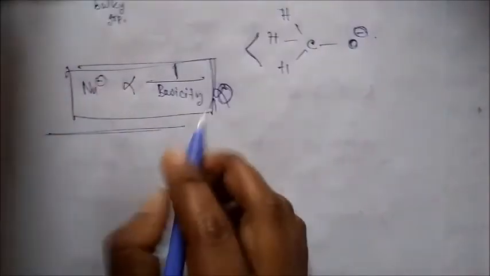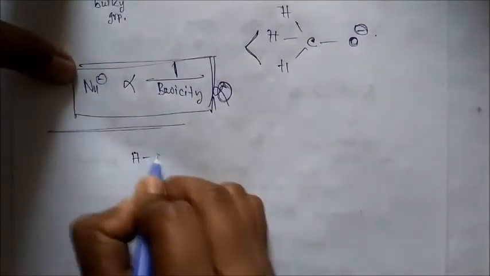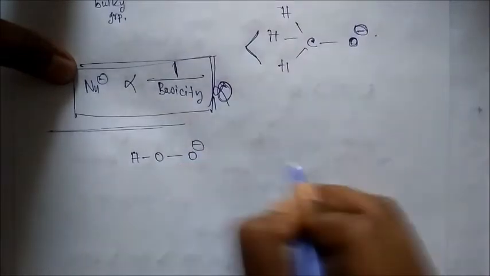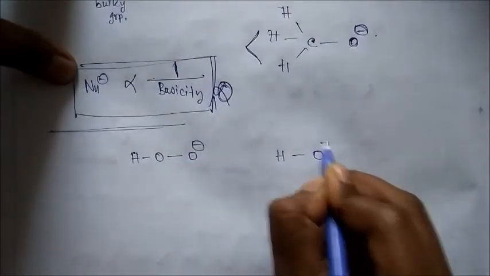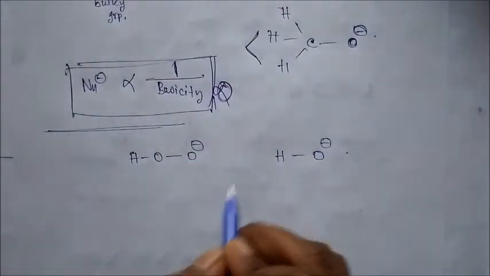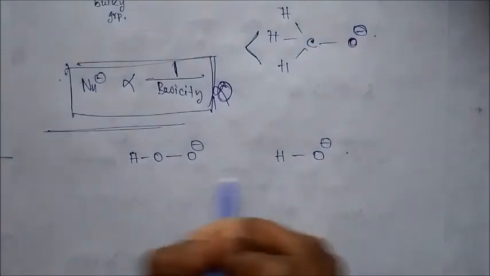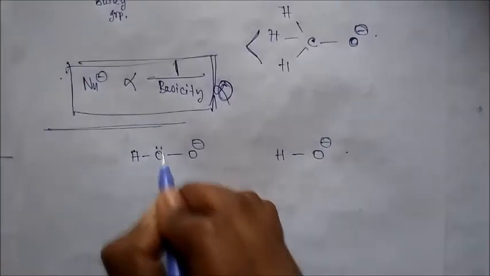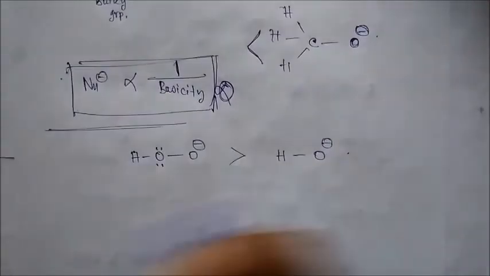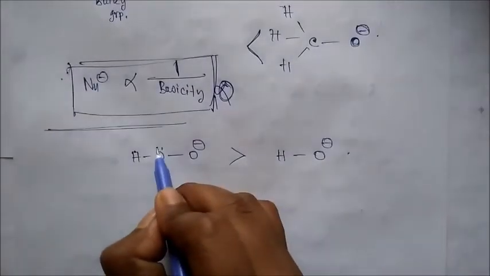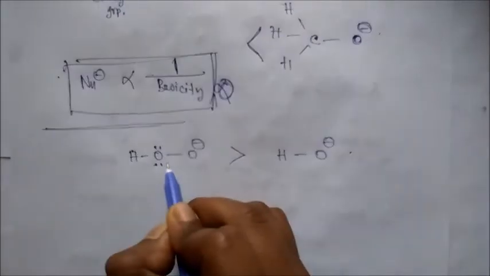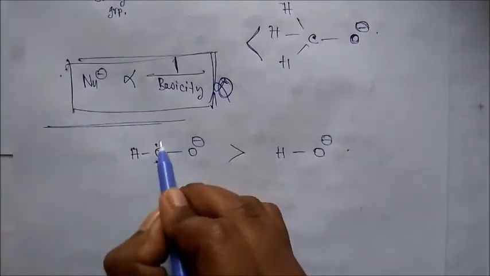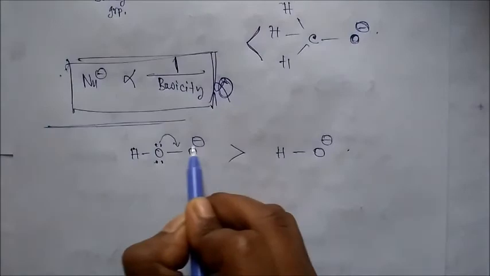Let's say we have two groups, O minus and HO minus. If we want to conclude the nucleophilicity order, then the nucleophilicity will be more for this one, because this has the lone pair. The lone pair will be donating its electron to here.